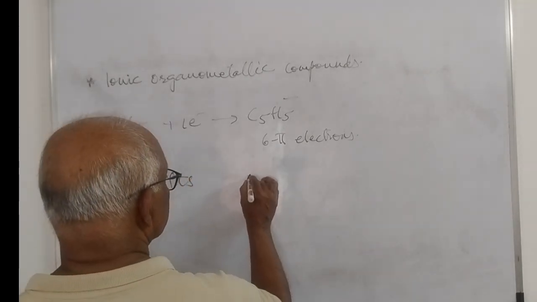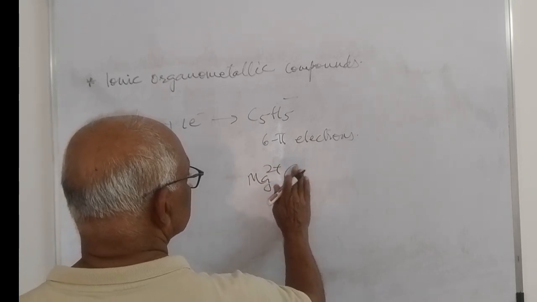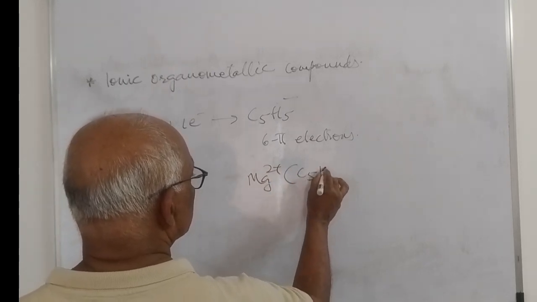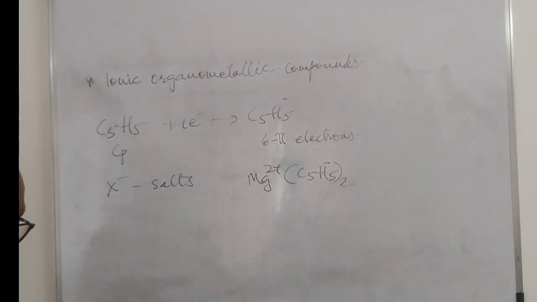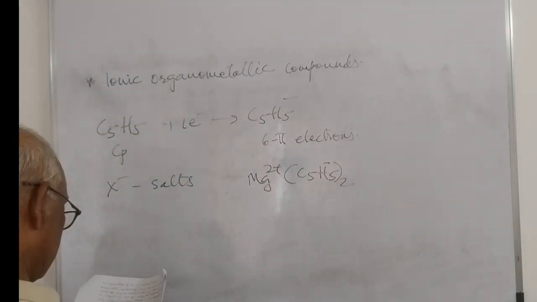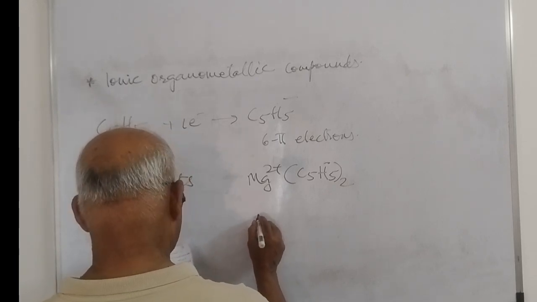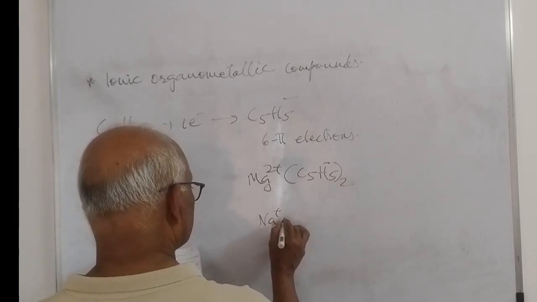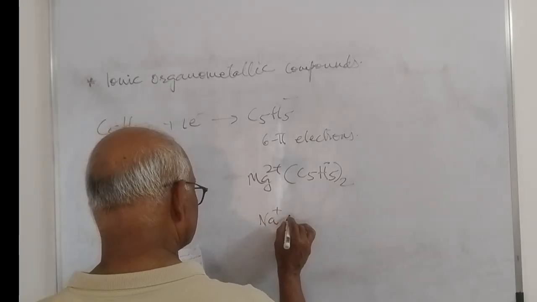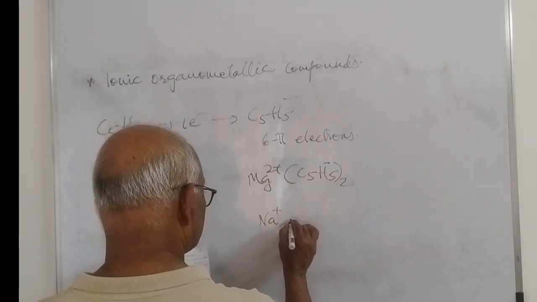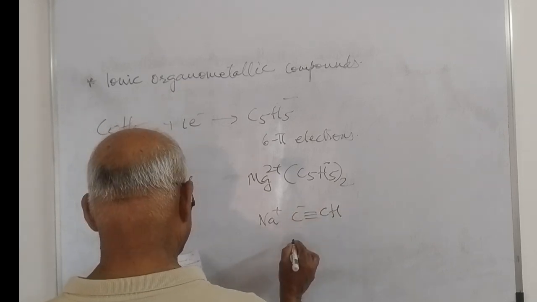So the example is Mg2+ with C5H5 minus twice. Another example is sodium acetylide, that is Na+ and C minus CH.